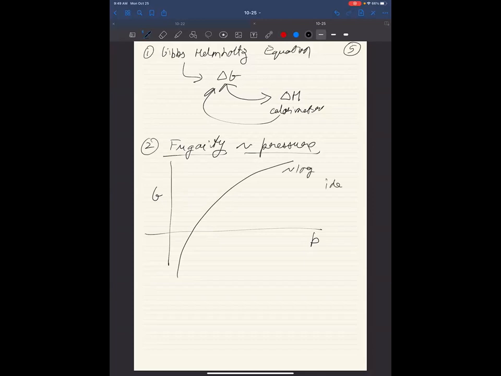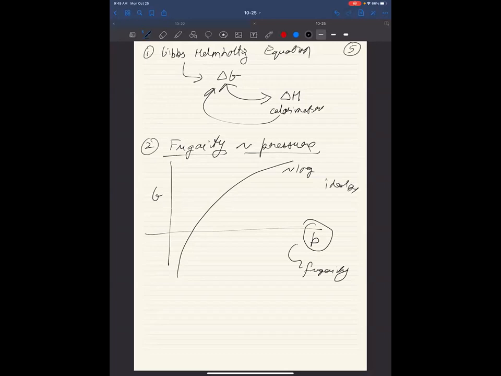For a non-ideal gas, which is almost anything real, it does not look like a logarithmic plot. It looks like something else. And fugacity is that concept which allows us to use relations derived for ideal gas for non-ideal gases. The reason fugacity tends to be complicated is that it is our first introduction to how to deal with non-ideal systems in a practical way.